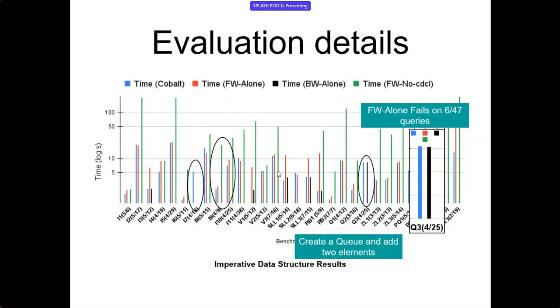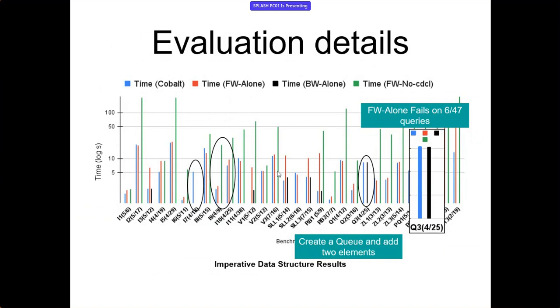In some cases, the forward alone is able to find a solution quicker than Cobalt. The reason is that Cobalt first makes a backward choice, and that backward choice never leads to the solution. Then it has to trace back, come again with a new backward choice, and then find the forward solution. So there were cases where Cobalt did not perform as we expected. Those are cases where the first choice the backward synthesis makes does not lead to the solution in the forward synthesis cases.